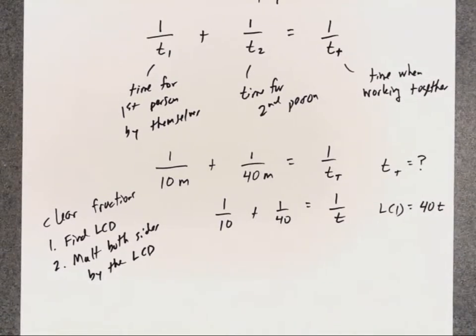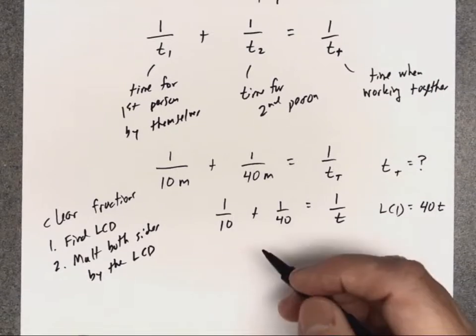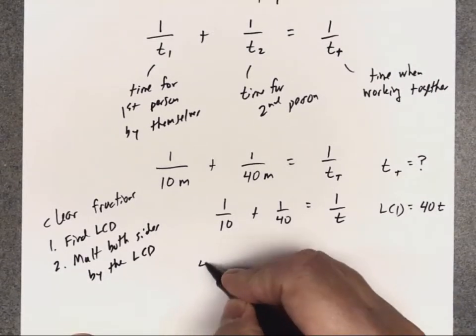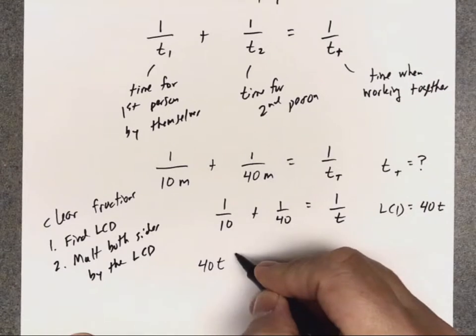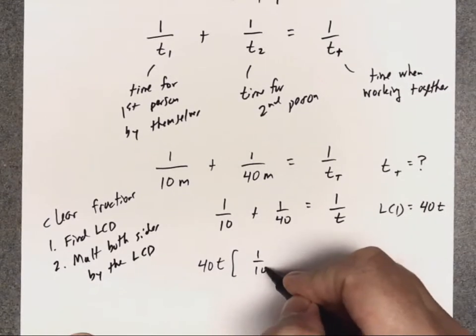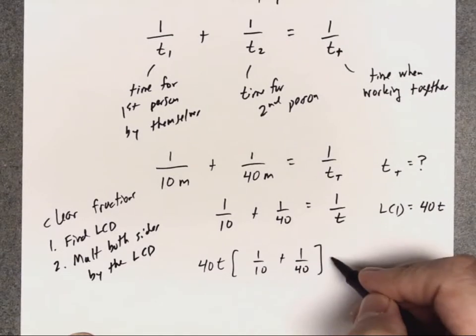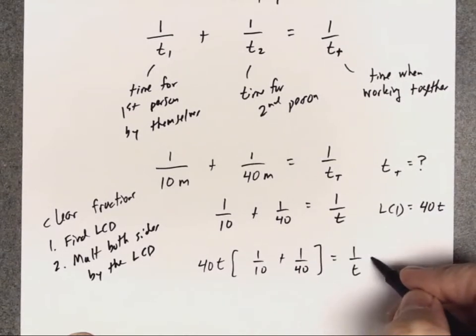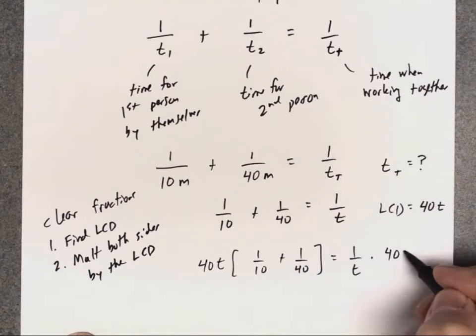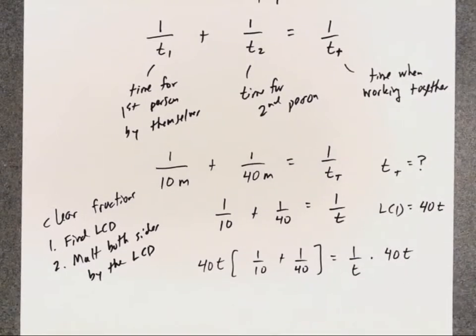So the LCD is 40t. Now what am I going to do? I'm actually going to multiply both sides of this equation by this LCD, which is 40t.